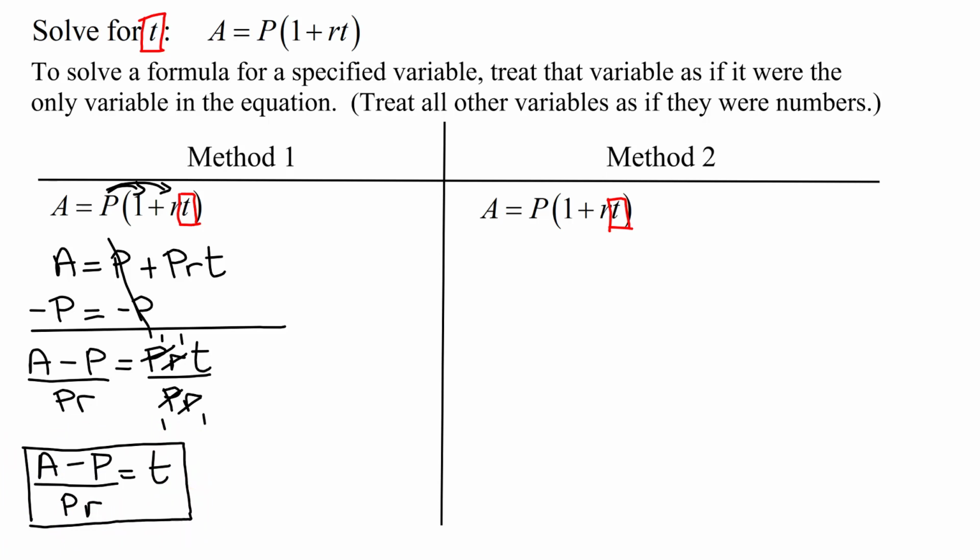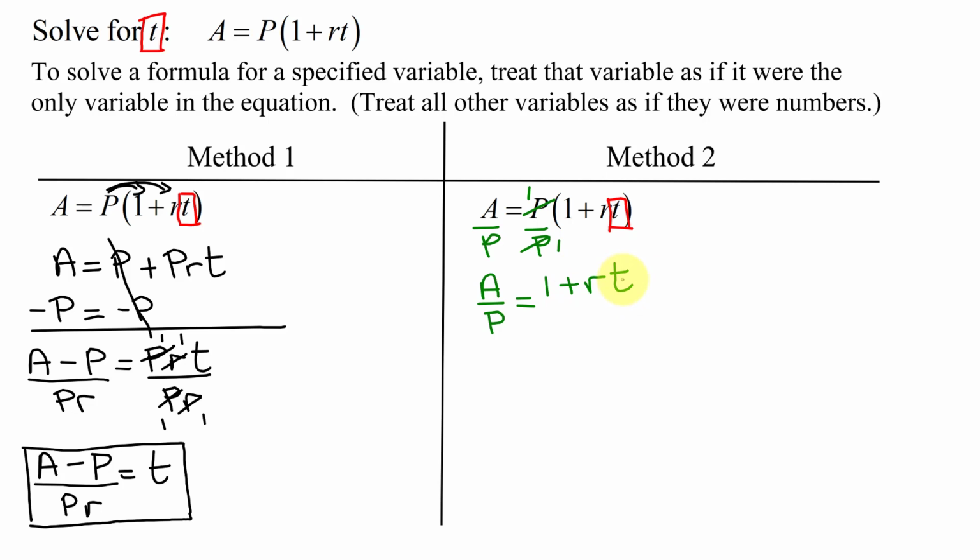Now in the second method over here, the first thing I'm going to do is get rid of the p. So I'm going to divide both sides by p. These p's reduce. I get a divided by p equals 1 plus rt.